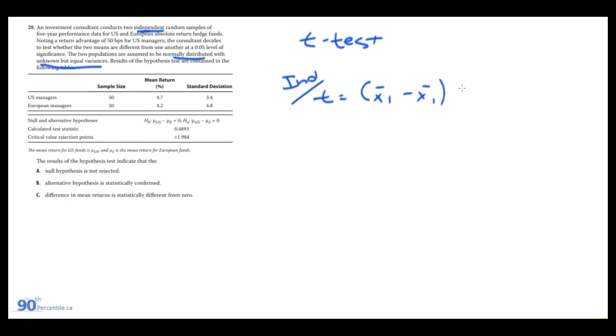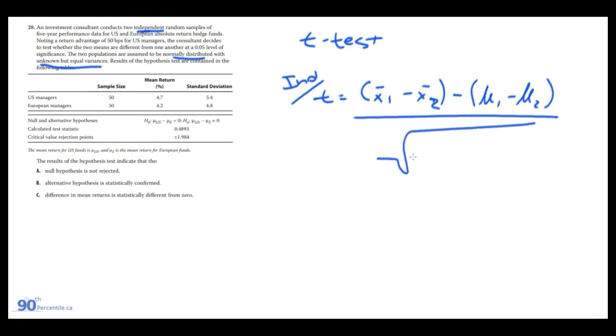X bar 1 minus X bar 2 minus the hypothesized mean 1 minus the hypothesized mean 2 divided by square root of, and this is a little bit weird, we'll get to it in a second, S squared P over N2, where S squared P is like the pooled sample variance between the two populations.